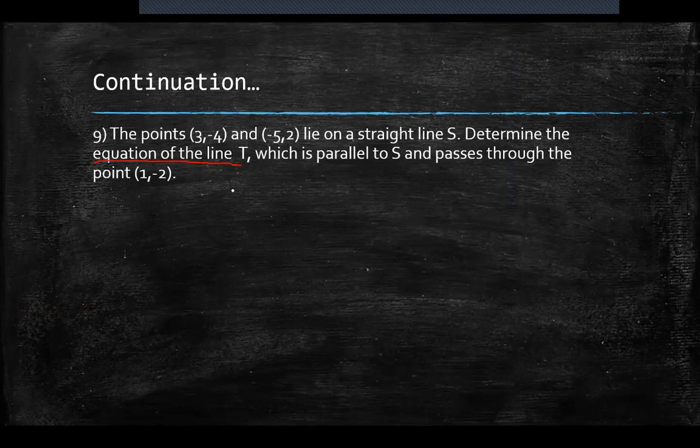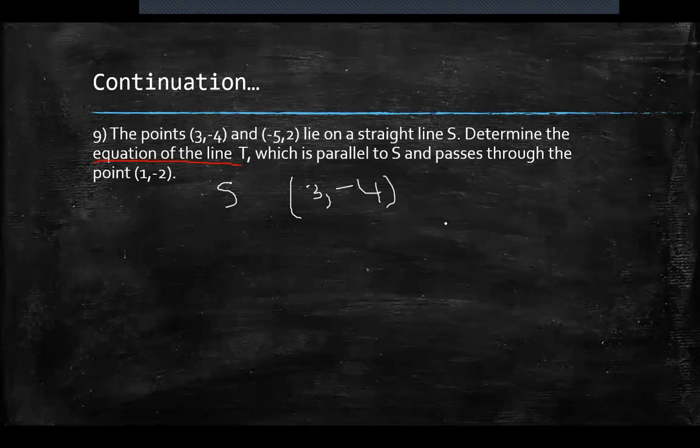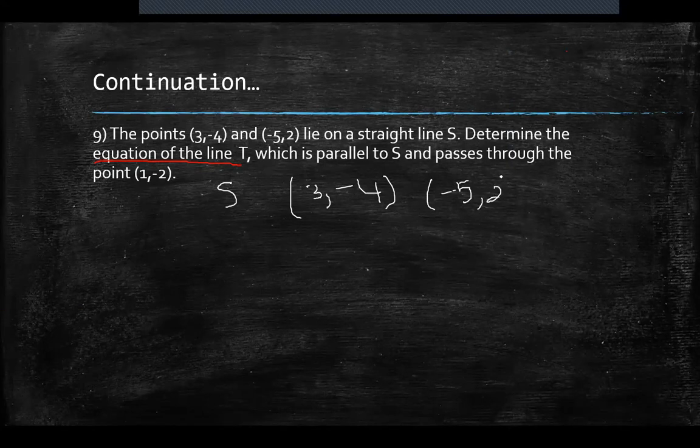So they told us that line S lies on the points (3, -4) and (-5, 2).